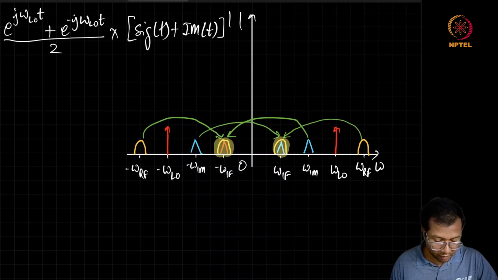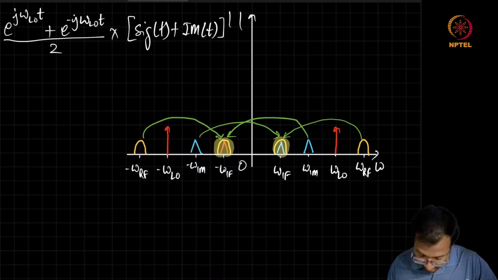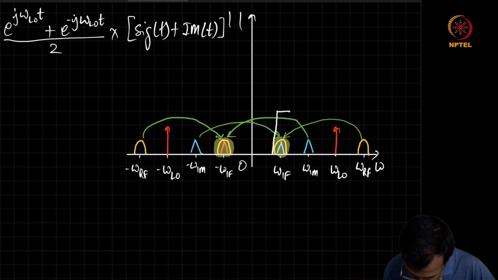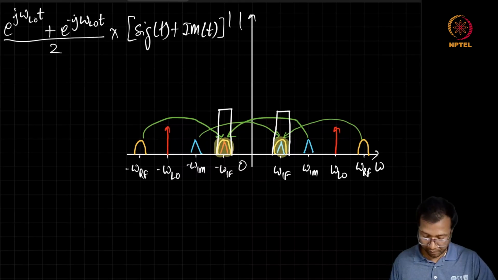We are right now not worried about those high frequency components because we are assuming there is a filter here which will only pass the low frequency component around omega IF.